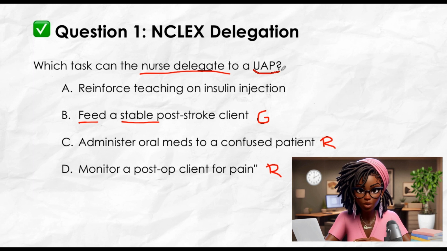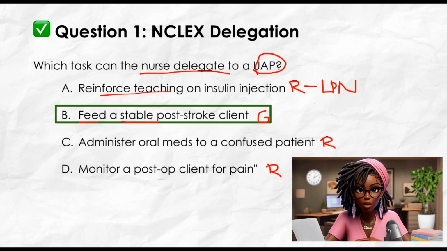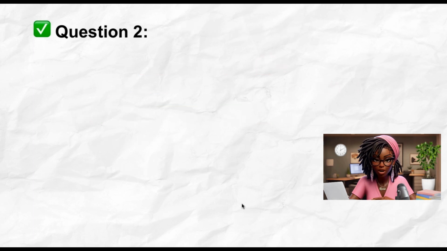Because I'm looking for tasks that I can delegate to a UAP, A is actually going to be a red zone answer choice, because this is something that I need to delegate to an LPN when it comes to reinforcing teaching. Okay? So the correct answer is going to be B, which is feed a stable post-stroke client. All right, let's work on question 2.